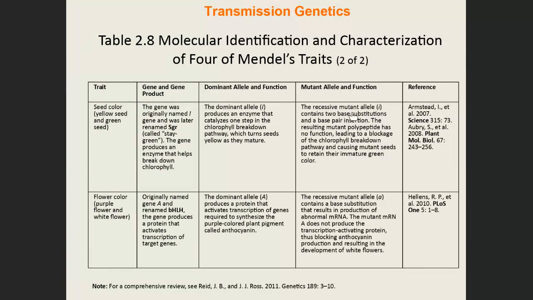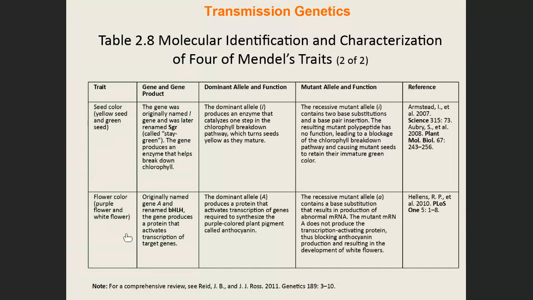And this is a mutant allele in the gene that encodes that enzyme that contains 2 base substitutions and a base pair insertion that completely inactivates the protein that's made out of that gene.